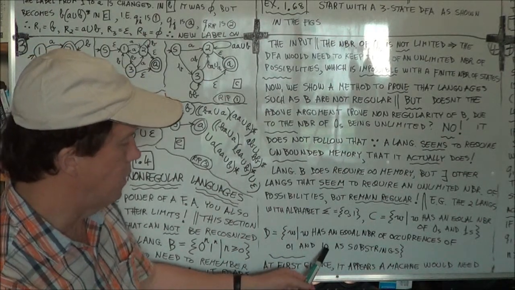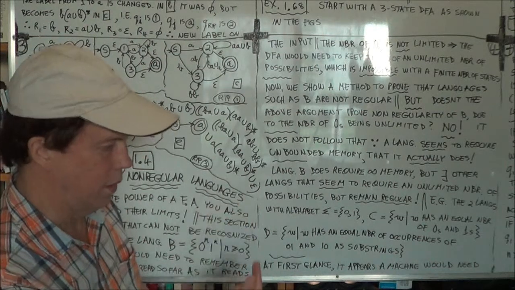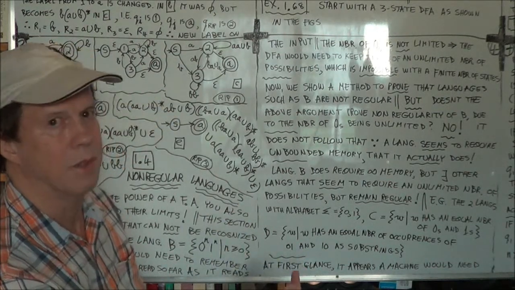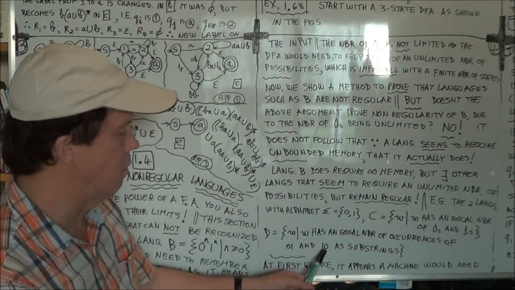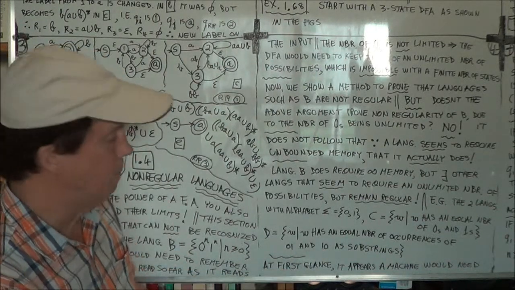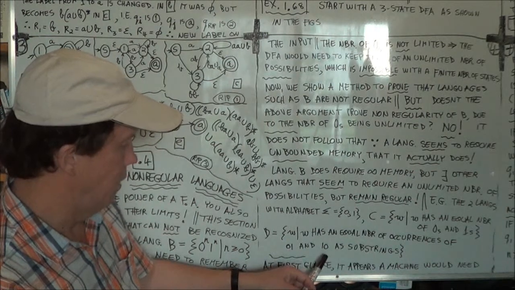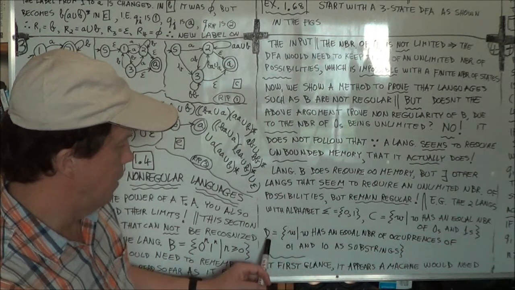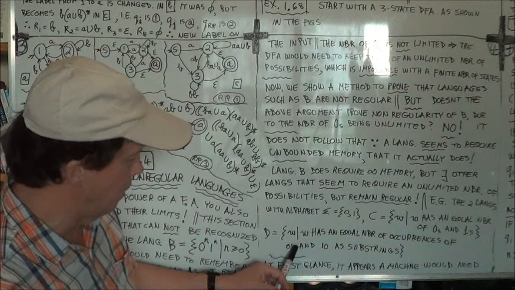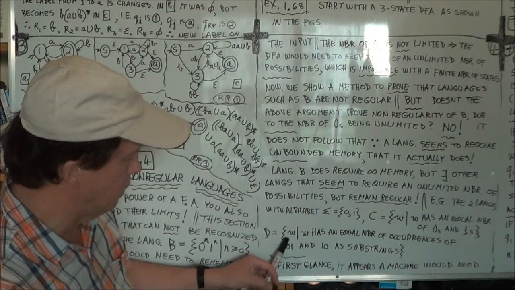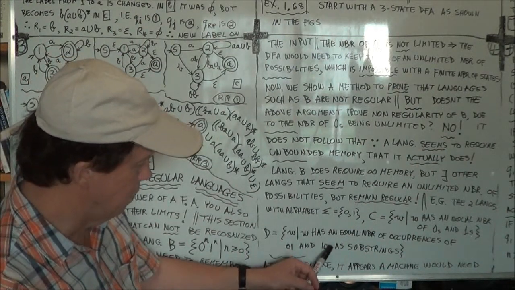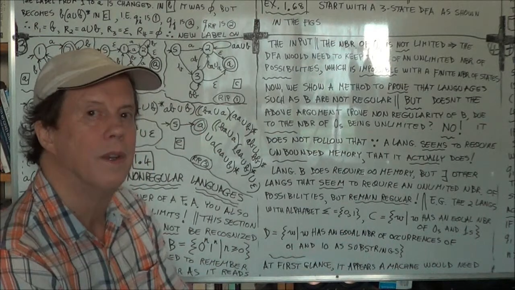And each time you see a 1 whose right-hand neighbour is 0, you increment the count of 10s. W belongs to this language if the final count you get of 01 is equal to the count you get of 10. Okay.